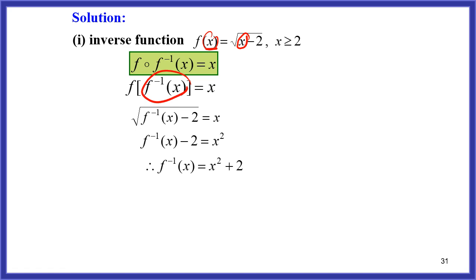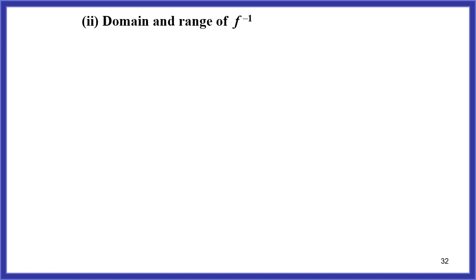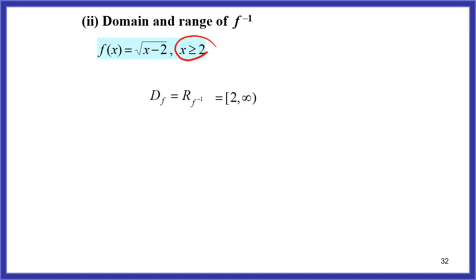Now to find the domain and range. We know that the domain of f is x more than or equal to 2, so it's equivalent to the range of f inverse. How about the domain of f inverse? We can find the range of f by letting y equal to square root of x minus 2.